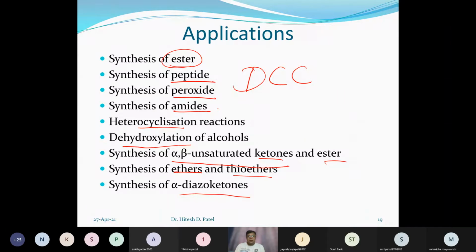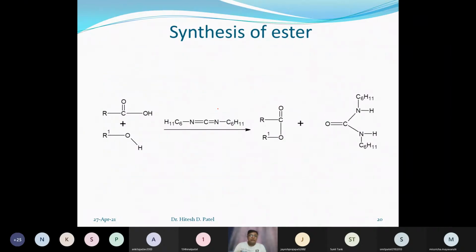Now, how can we prepare? We start with the first reaction, called synthesis of ester. You are very much familiar with the synthesis of ester. Normally in the lab, whenever we have a carboxylic group, suppose a compound called benzoic acid, for the confirmation of benzoic acid, which test do we perform?